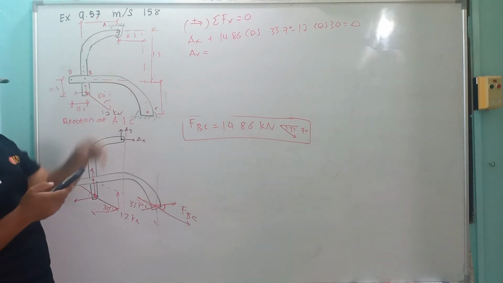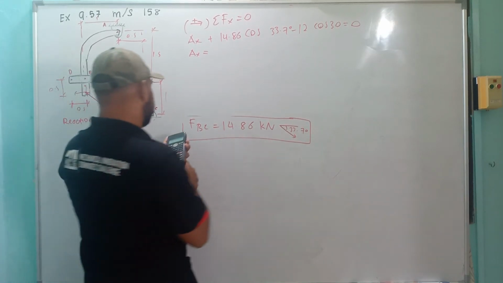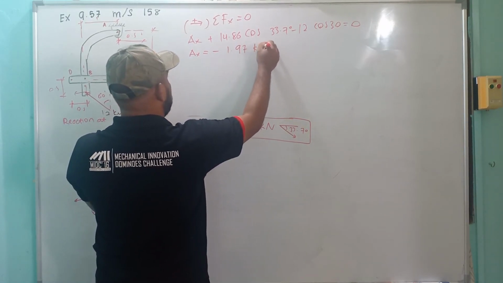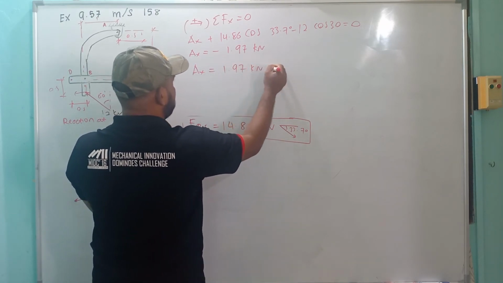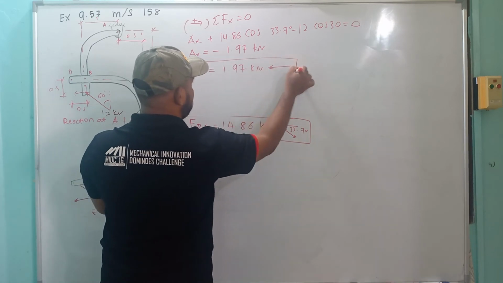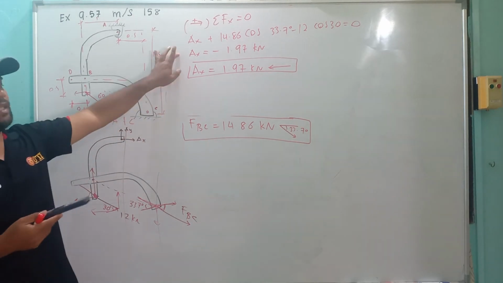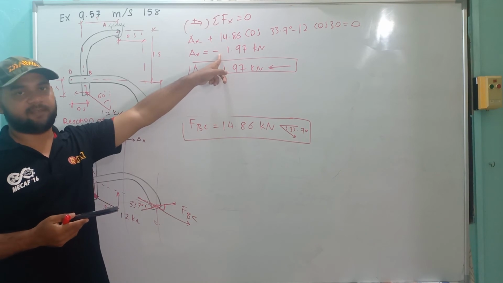Okay, putting the other way, we minus the plus 12 cos 30, so minus 1.97 kilonewton, meaning that our Ax is actually 1.97 kilonewton to the left. Okay, this is the value from the calculation. This is our interpretation of what is meant by this negative.